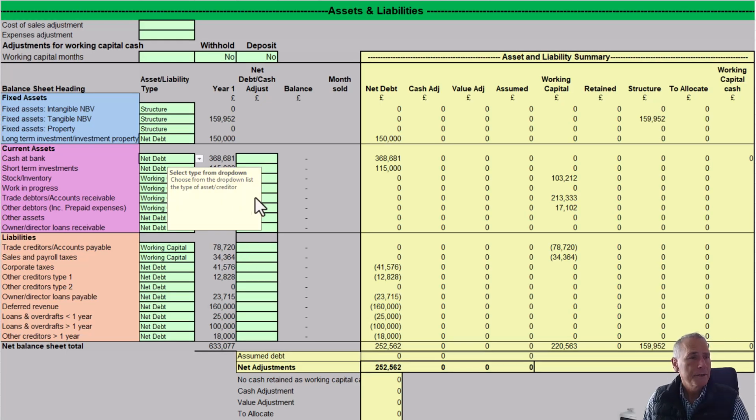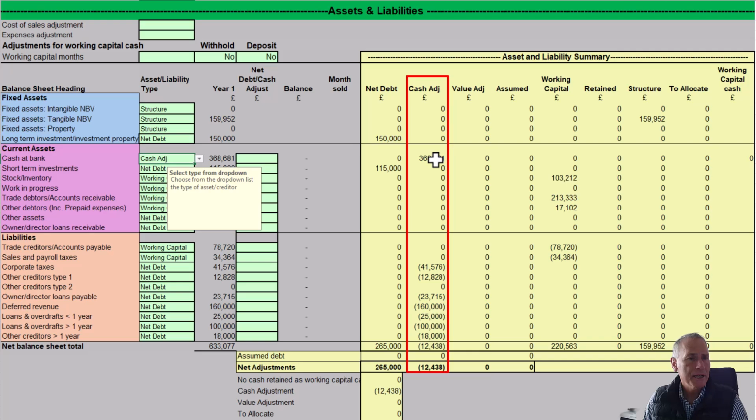So what you can do is you come over here and you change cash at bank to cash adjustment. What that does is move the whole of the cash balance across to cash adjustment, but it also moves all the liabilities across to the same column, to avoid you paying out all that cash and not taking account of these various liabilities. However, the slight problem is we've also got two investments sitting under net debt.